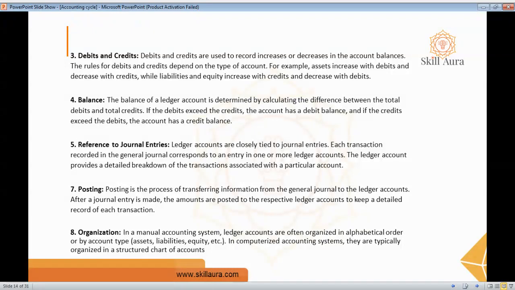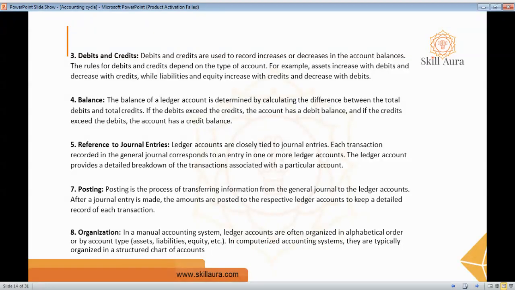The next one is reference to journal entries. Ledger accounts are closely tied to the journal entries. So here, without journal entries, you cannot prepare the ledger accounts. Without seeing all these transactions and without having a journal entry, you cannot post the ledger entry here.